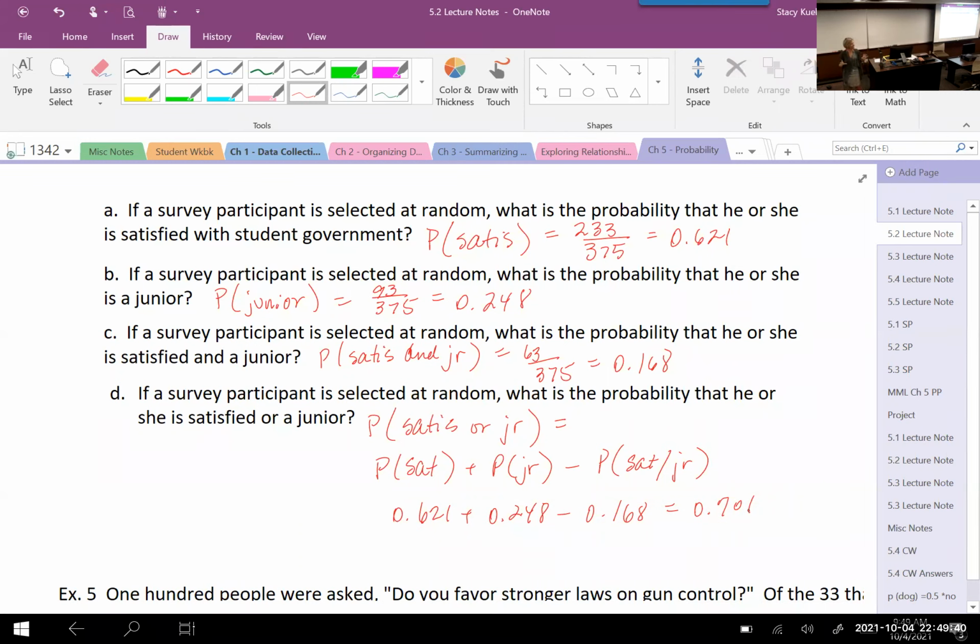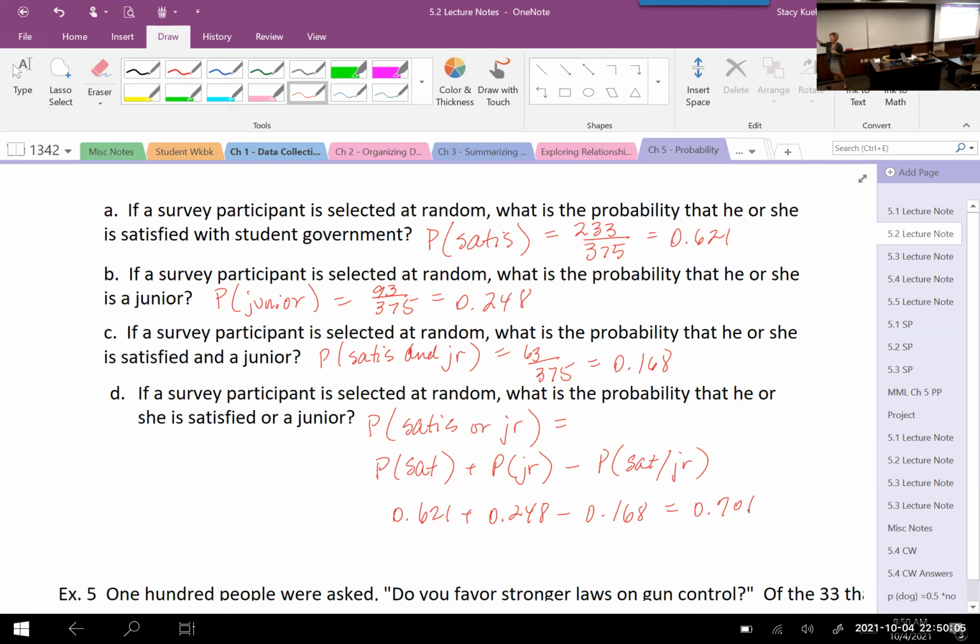So contingency tables are super easy for us to look at and read probabilities off of, because what we're doing in essence is really just creating relative frequencies. What a contingency table, or two-way table, does for us is allow us to see that overlap.